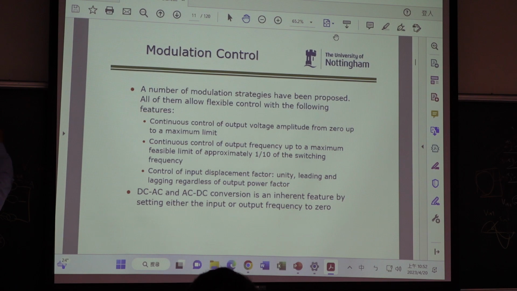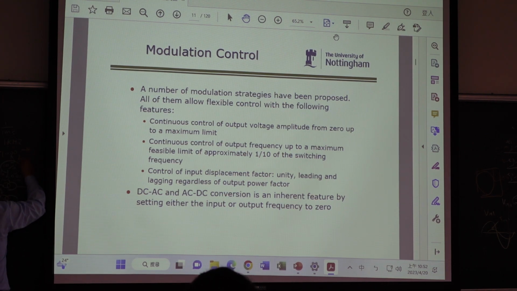So you can see your switching period is 1 millisecond. Then your switching frequency is 1 kilohertz, 1000 hertz. But now you have 10% of 1000 hertz, which means your output maximum is 100 hertz. In general, matrix converter maximum frequency is 100 hertz.